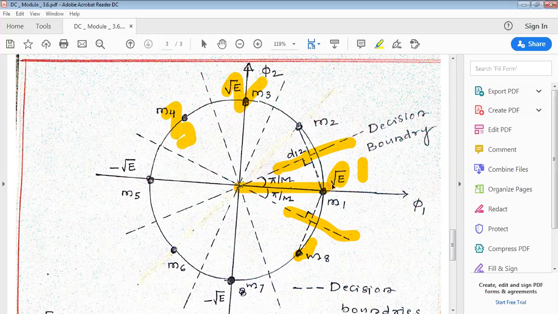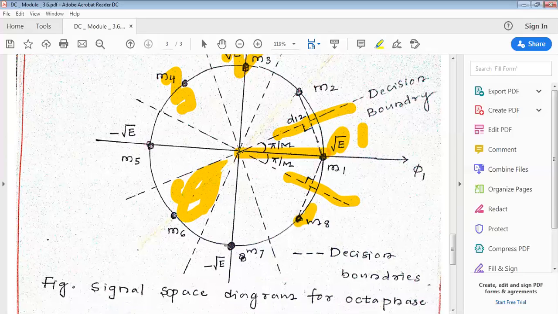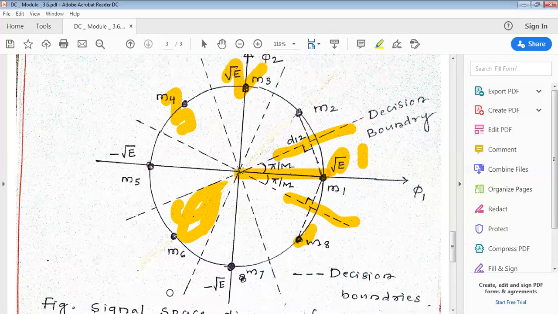Any point which lies in this region is considered as message point 1. Similarly, any point which lies within this region is considered as what? Message point 6, right?